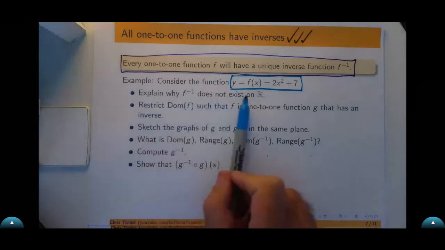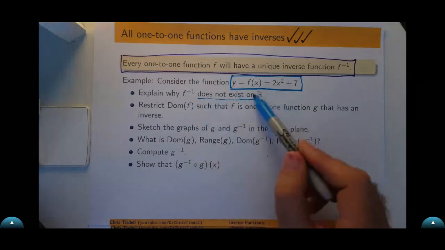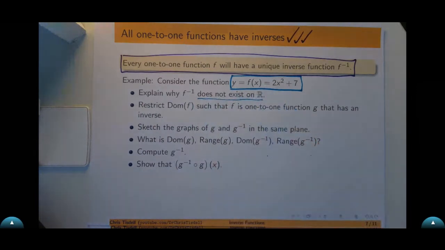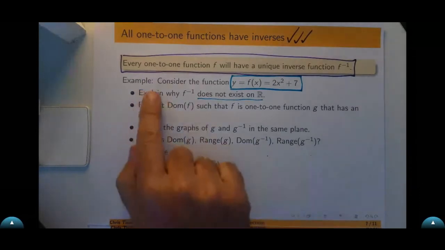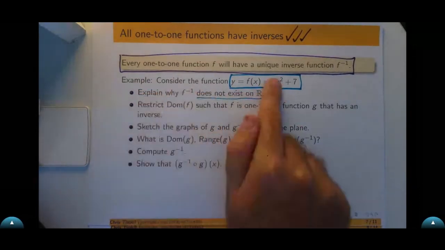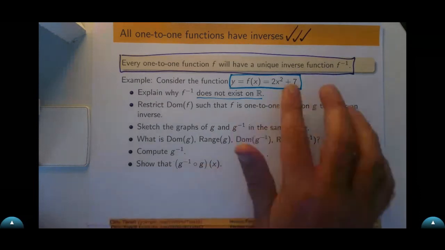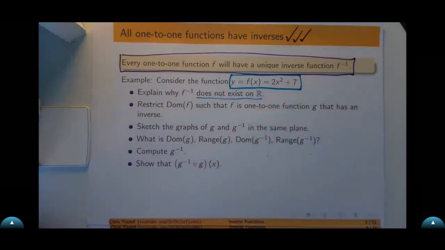Explain why f inverse does not exist on the whole of the real line. Who can tell me in the chat, how might I explain in a few words why the inverse doesn't exist on the whole of the real line? Who can smash something out for me? Why doesn't this have an inverse on the whole of the real line?